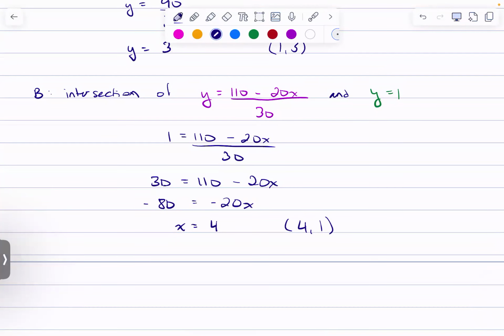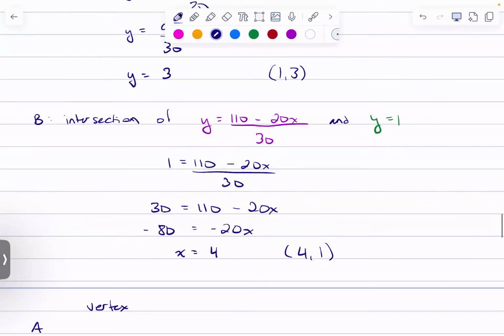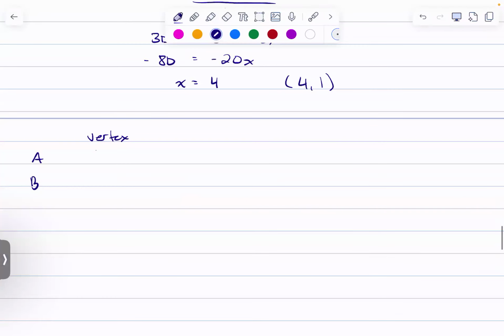Now we only have 2 intersections. I still like to set up the table, just same procedure always. So I've got vertices A and B at (1, 3) and (4, 1).